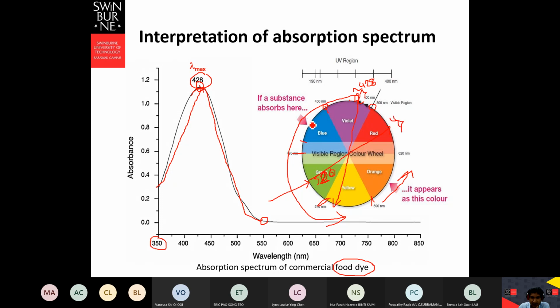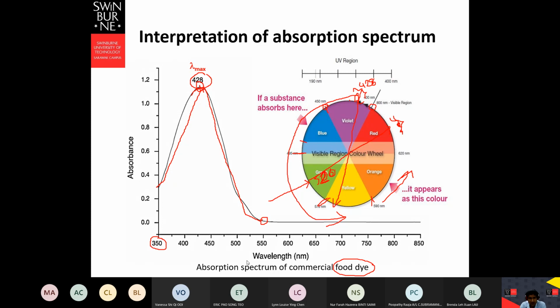This is our eye, okay? So we will see the color here. Whatever wavelength it is absorbing, our eyes will see the opposite color according to the color wheel.